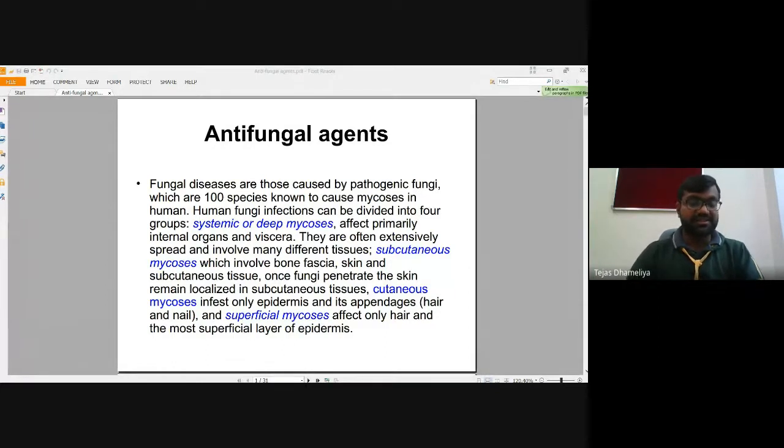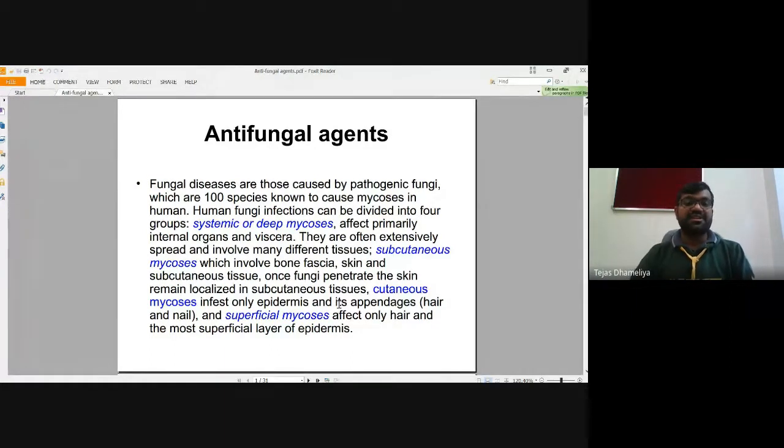In the last session, we revised what the antifungal agents are, what the fungal pathogens are, and what kinds of pathogenic disorders these fungi can create. There are many types of fungi: systemic mycosis, subcutaneous mycosis, cutaneous mycosis, and superficial mycosis.